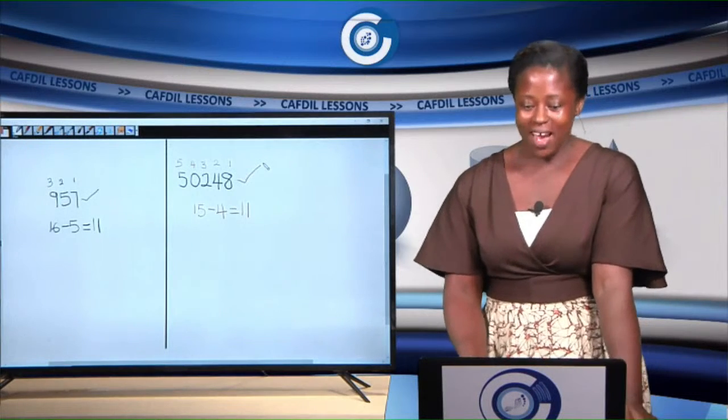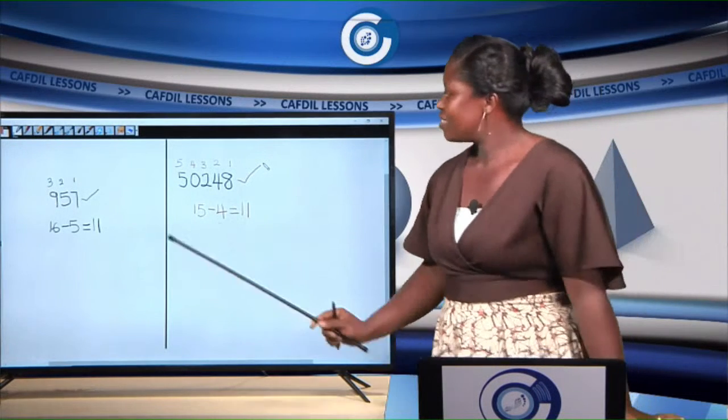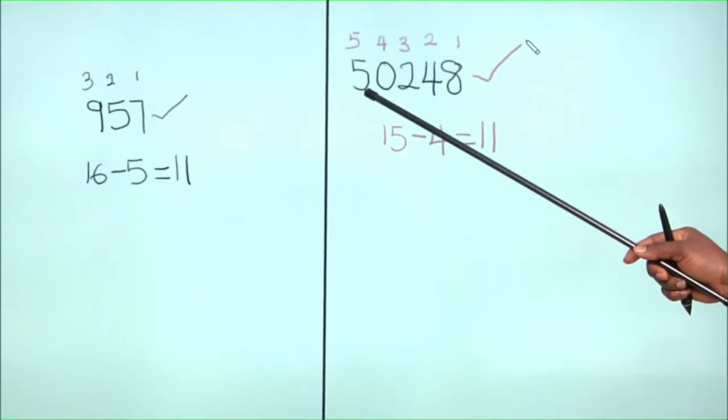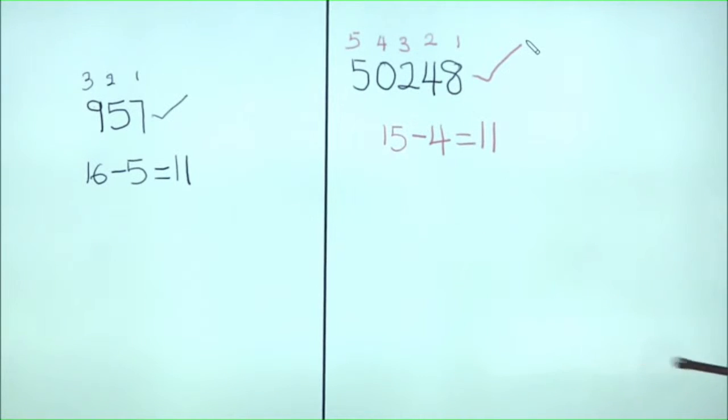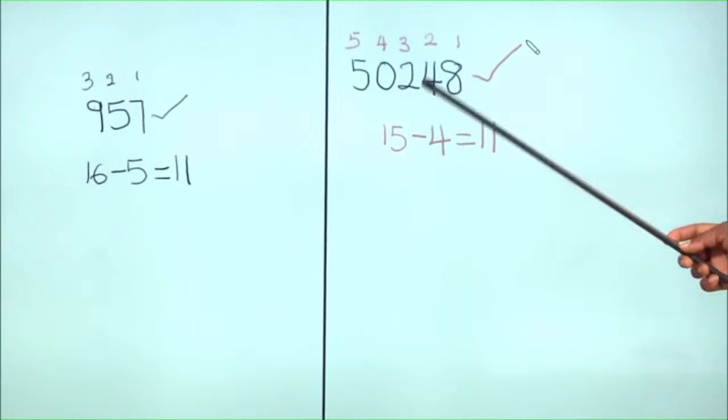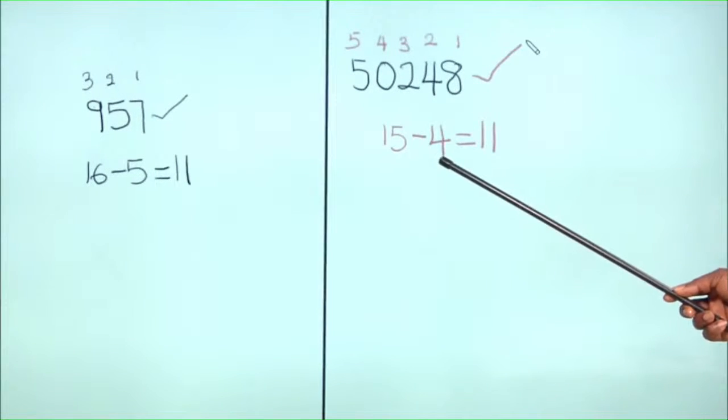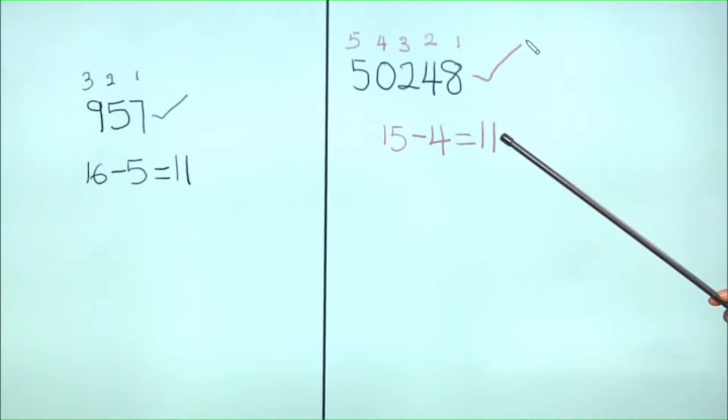Should I go over? Alright, this is the number 50,248. We want to see if it is divisible by 11.